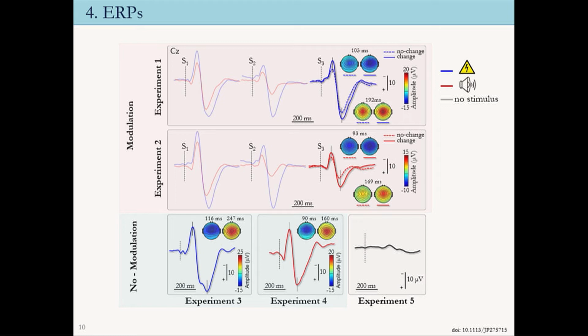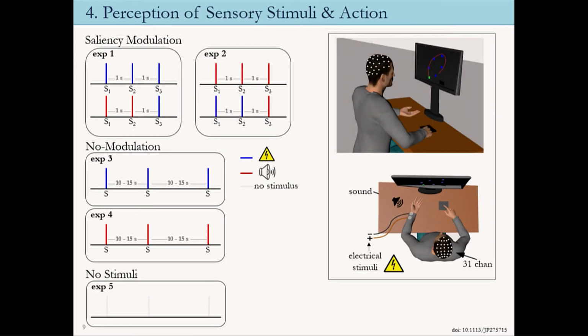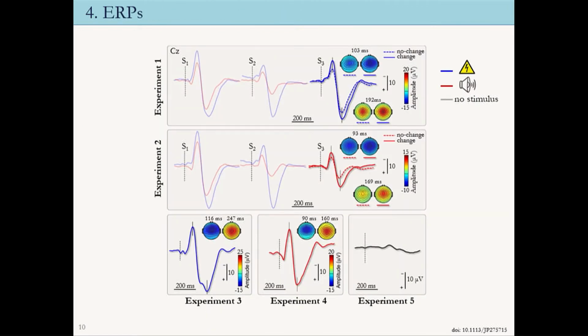So we compare these two responses, the responses to these two stimuli, here and the other one. And what we see is that when the stimulus is different, stands out relative to the context that it is presented, it elicits a higher response in our brain.